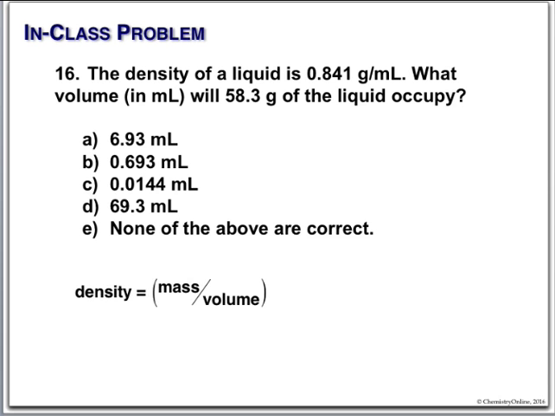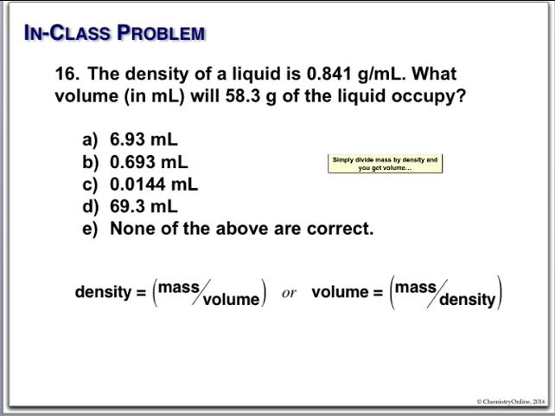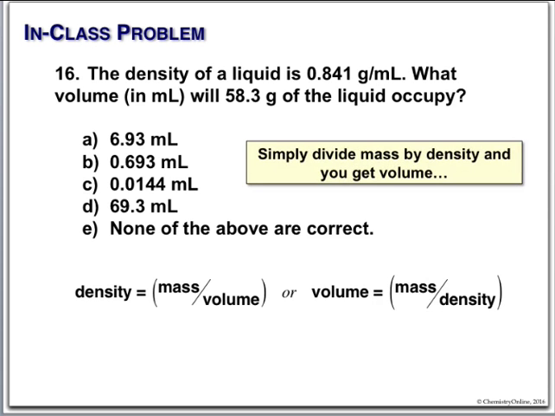If we bring volume up and density down, that's going to be mass divided by density. Simple algebra. So, to solve this, we take our mass, which is 58.3, our density, which is 0.841, divide them, and we get 69.3.